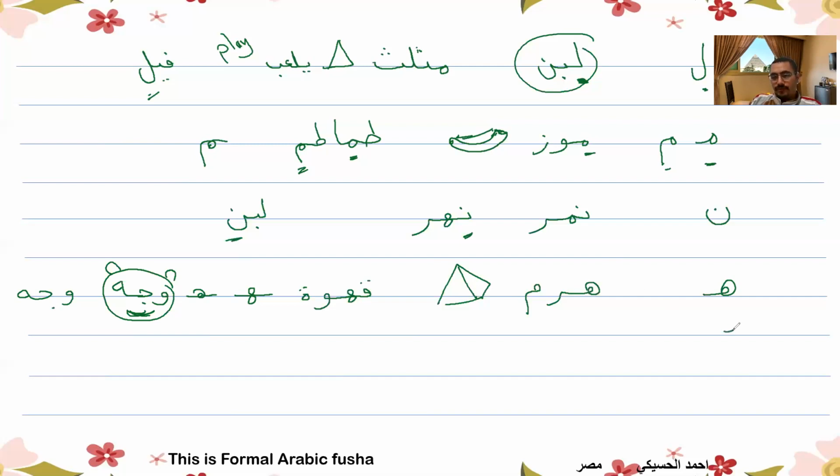Waw has a curve as part of ra, but inclined. In the first, as in wajh, face. In the middle, as in qahwa. In the end, as in radio.